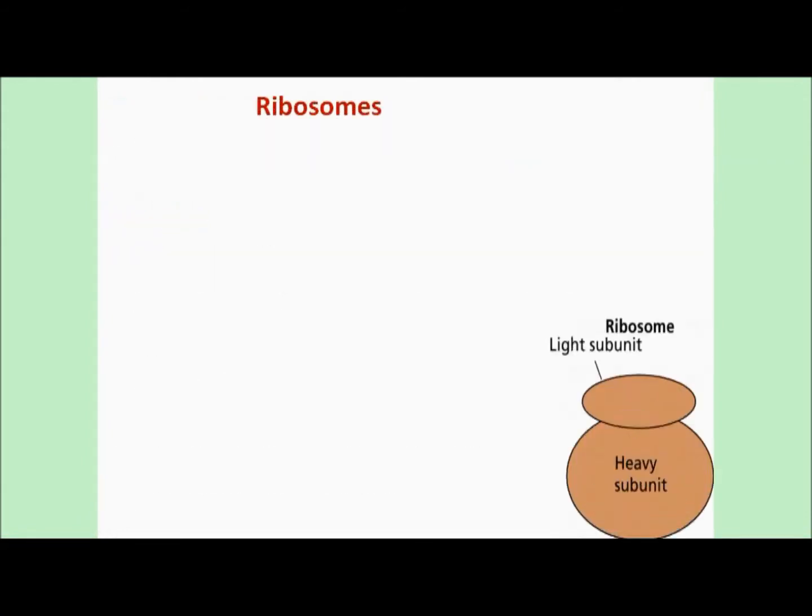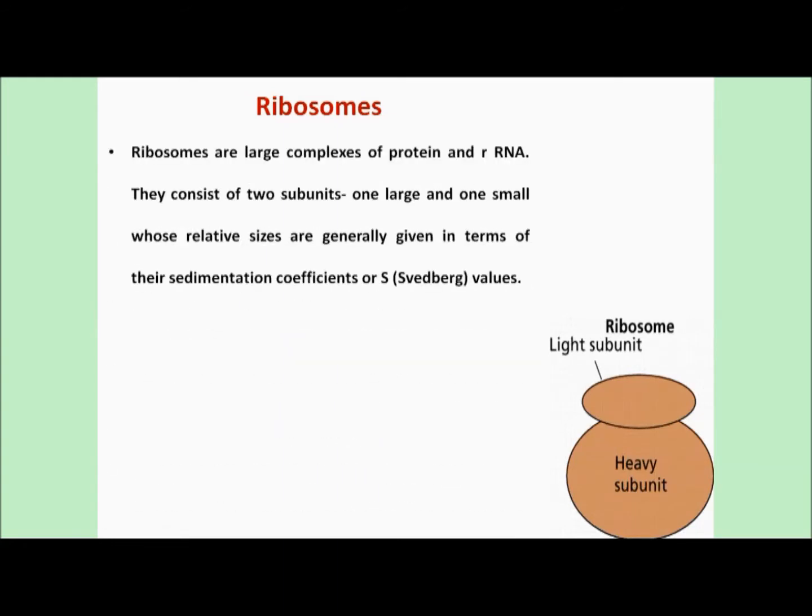Now let's see what the ribosome does. We all know that the ribosome is generally made up of 2 units. One is known as the light subunit, which remains as a cap, and the other is the heavy subunit. The ribosomes are large complexes of protein and RNA.